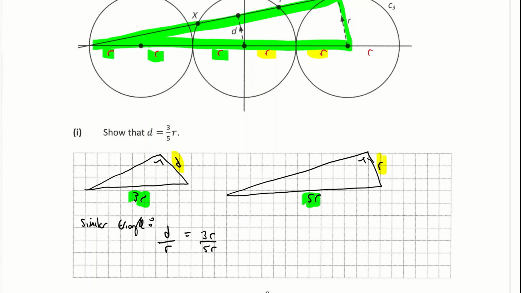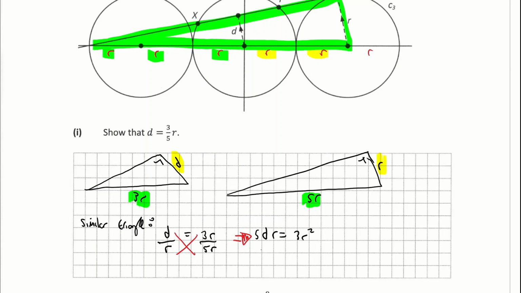Okay, I need to get it as d is equal to 3 over 5 r. So I'm going to cross multiply. When I cross multiply, I get d multiplied by 5r, which is 5dr, and when I multiply r by 3r, I get 3r squared.